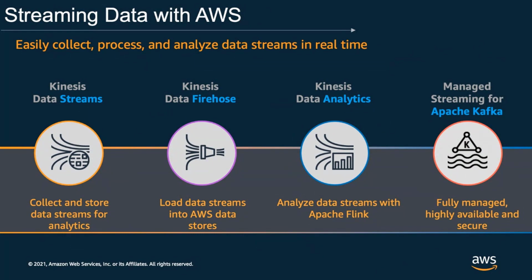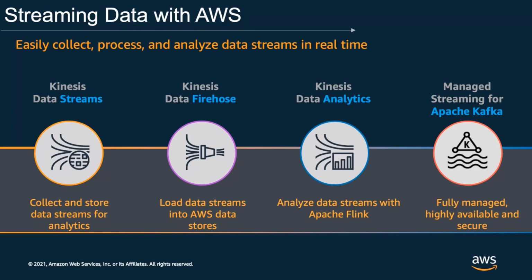Now that we have the basics down, let's look at the core AWS Streaming Services. At either end of the slide, we have the streaming storage solutions, Kinesis Data Streams and Amazon Managed Streaming for Apache Kafka, or Amazon MSK, which are the streaming ingest and storage layers. Kinesis Data Firehose is a streaming delivery solution.